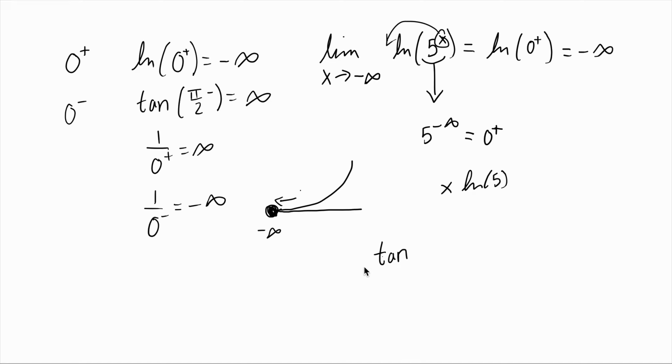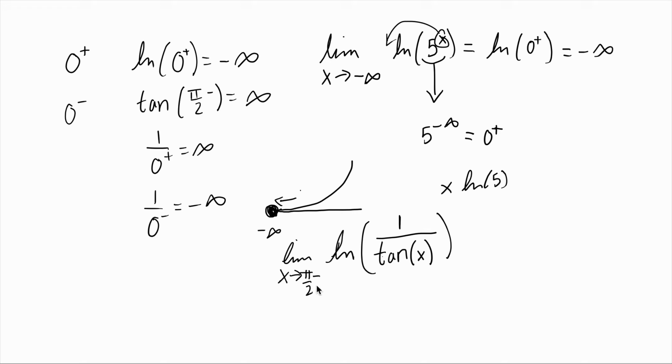Let's take tangent of x, and then maybe we'll just do 1 over it, and then we can take the ln. So we're going to use ln again just for this description, and think about what happens as we take a limit as x approaches pi halves from the left side.